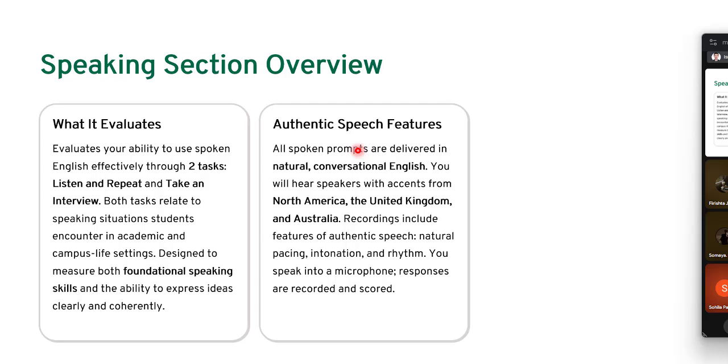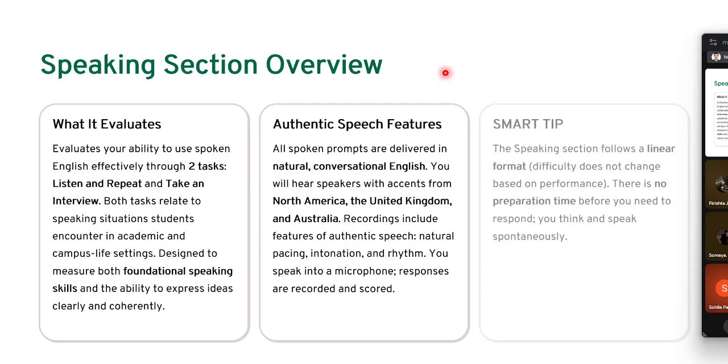And there's a very smart tip that everyone can use to fulfill the speaking task: the speaking task follows a specific linear format. It simply means that, as I mentioned already, the writing and speaking sections are not adaptive, so they do not change based on performance.